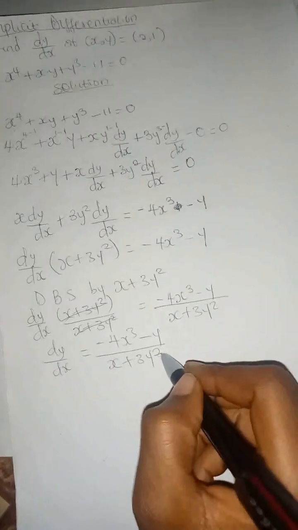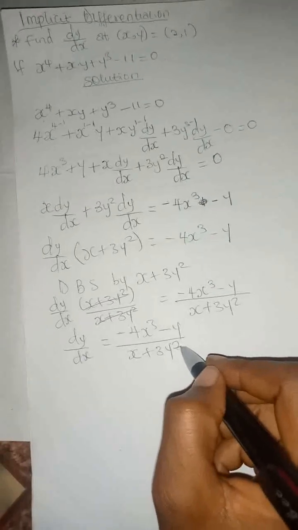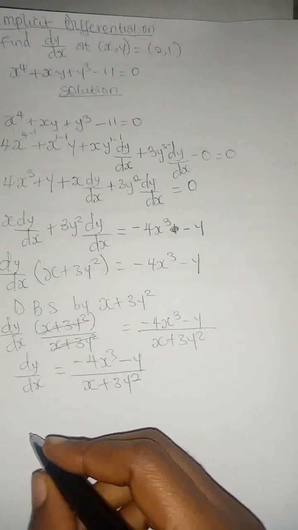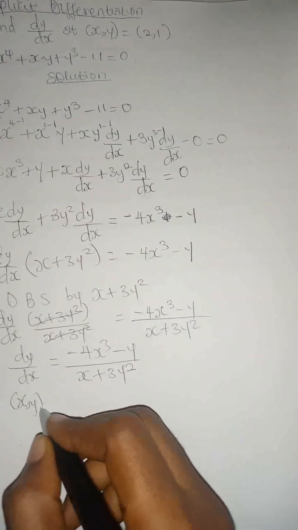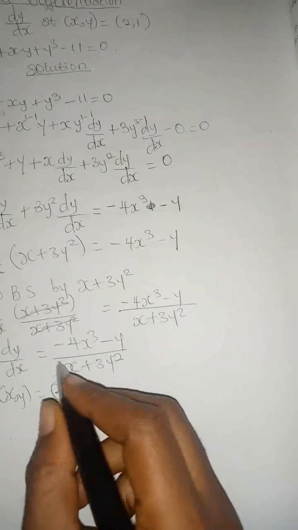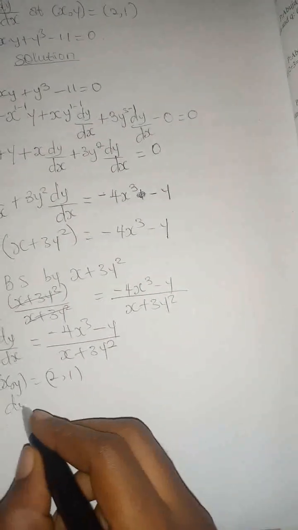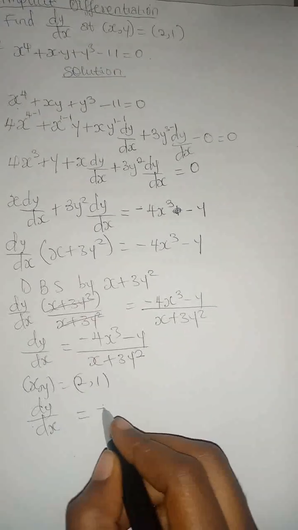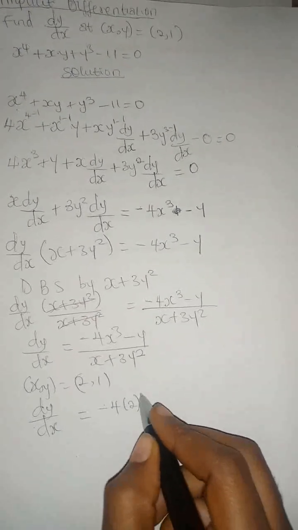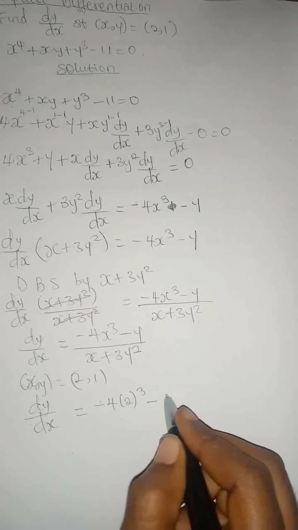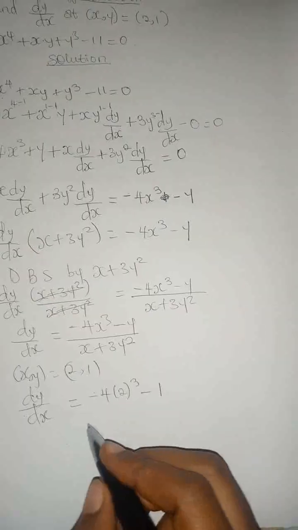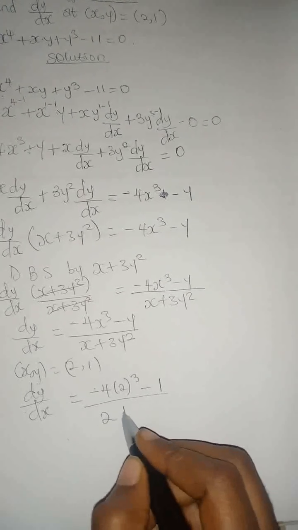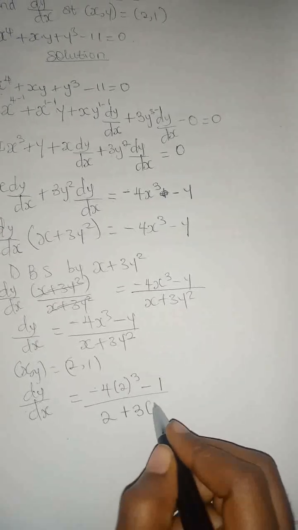Now from here, we will go on to replace. So we have that x comma y is equal to 2 comma 1. With that, we'll now have that dy dx will be equal to minus 4 times 2 raised to the power of 3 minus 1, because x is 2 and y is 1, all over 2 plus 3 times 1.